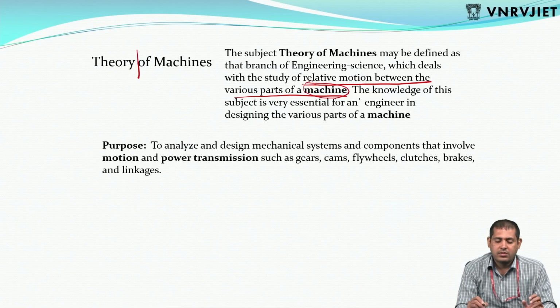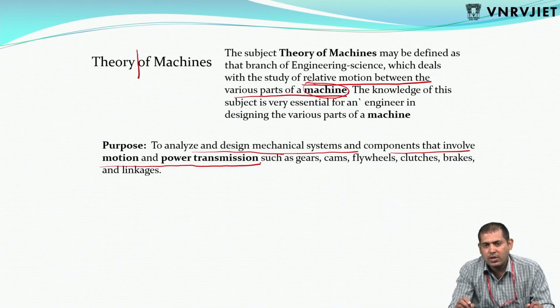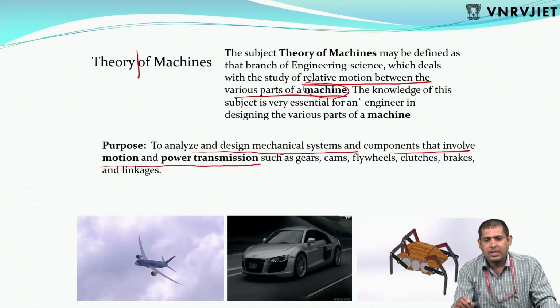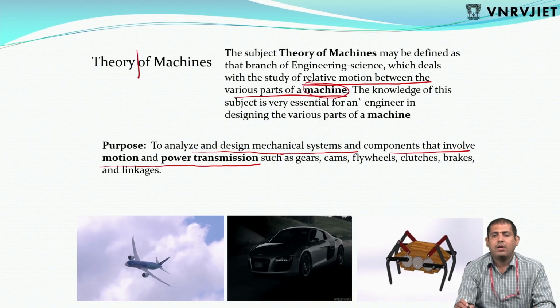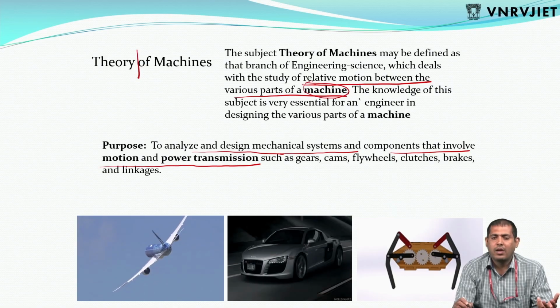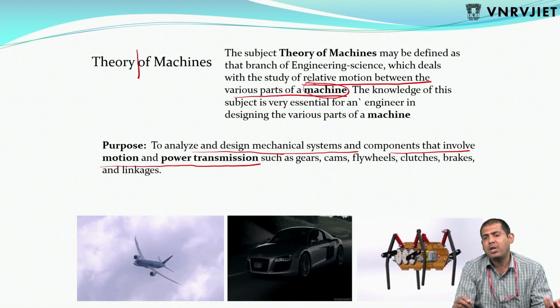The purpose of this subject is to analyze and design mechanical systems and components that involve motion and power transmission, such as gears, cams, flywheels, clutches, and brakes. To know this, we learn the theory of machines. Examples include aeroplanes, cars, pedal mechanisms, and even home appliances like grinders and fans. There are many cases.